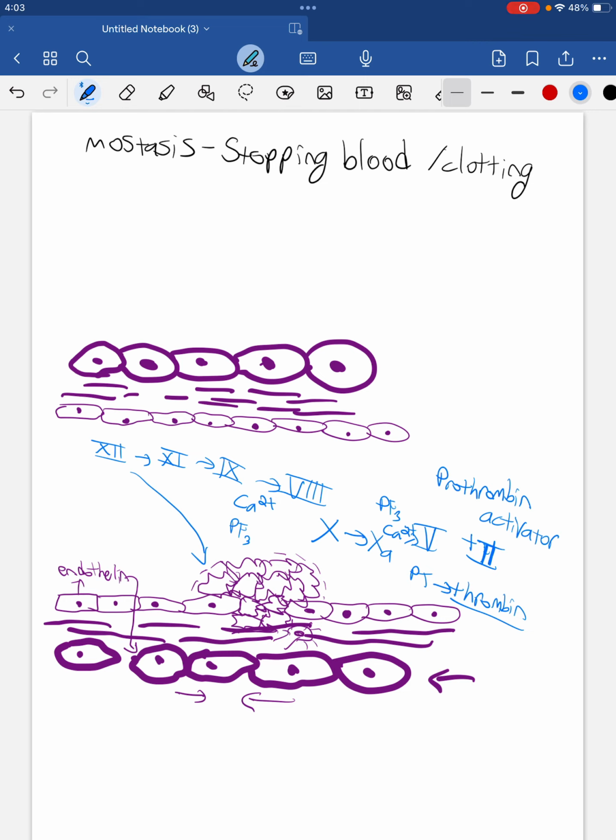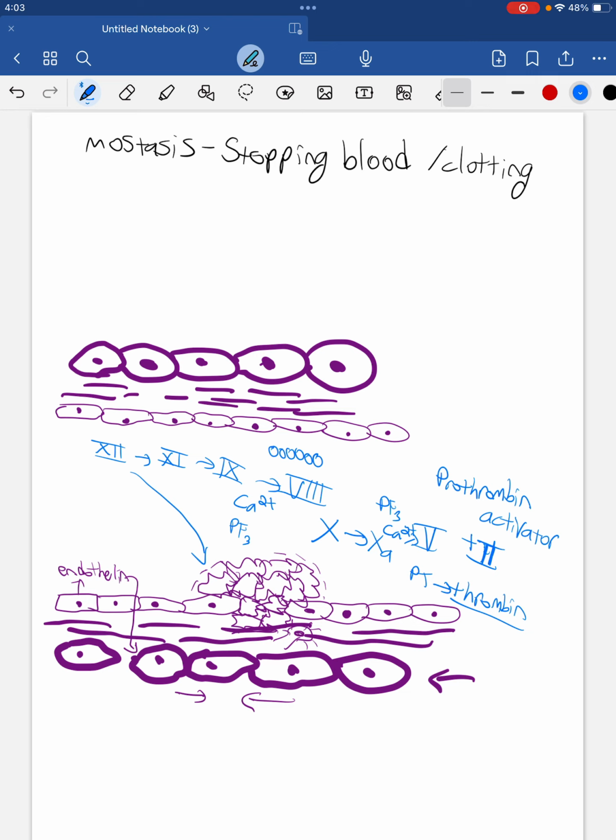Now, what thrombin does is it links fibrinogen together to form fibrin. So here's our fibrinogen linking together to form fibrin. So a long fiber. Okay, this is insoluble in blood plasma, so it's going to stay as this long fiber. So now blood is becoming more gel-like than liquid, and it's going to flow a lot more slowly.